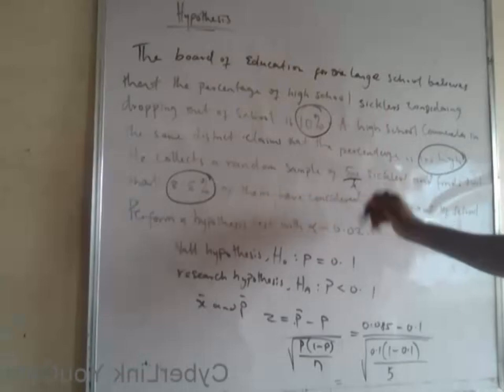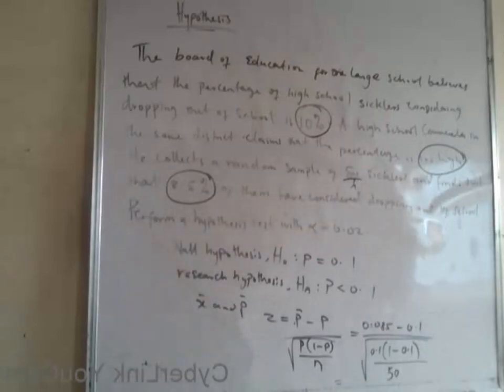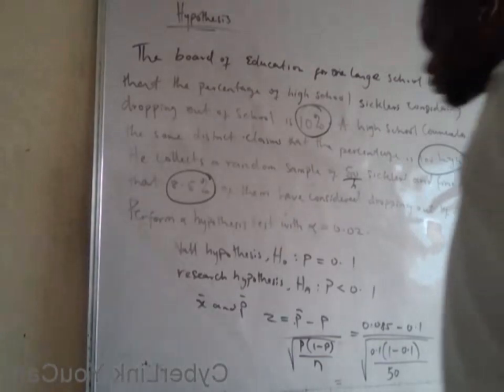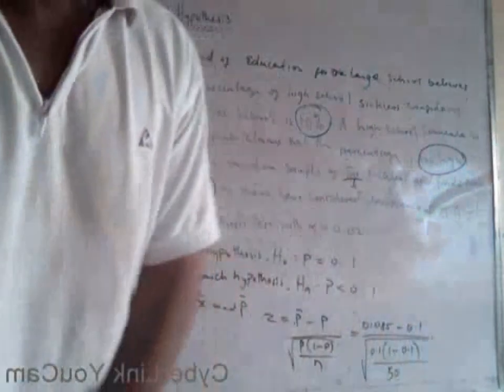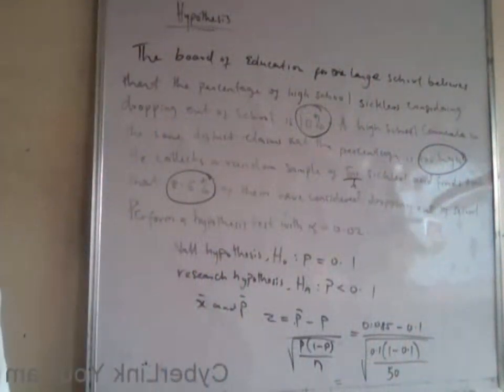This is your n, the number of samples. Right, so this is how to get our Z scores.